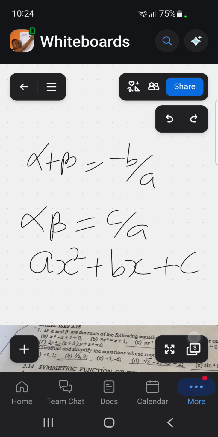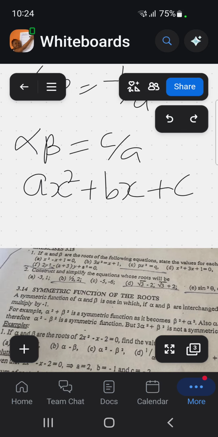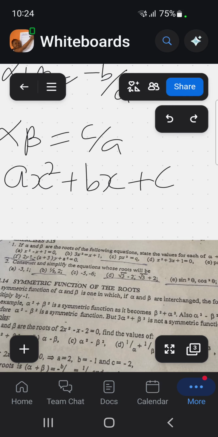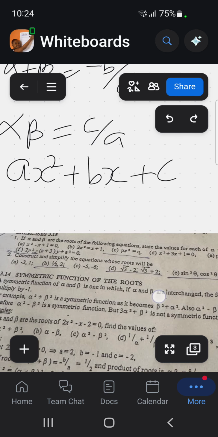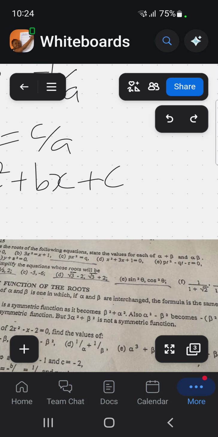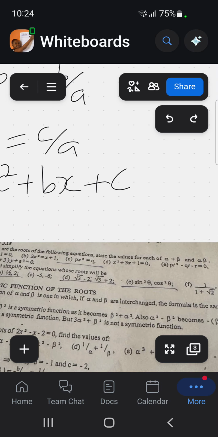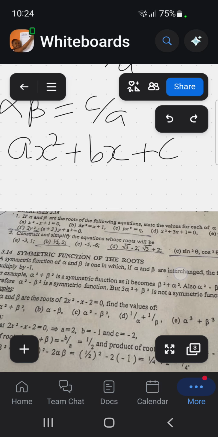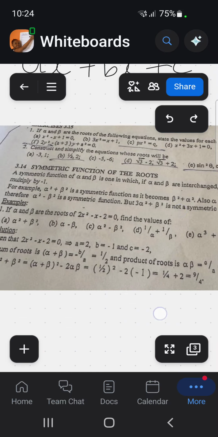Now, let's go to the questions and try to analyze them. So we'll look at the first question. We have x squared minus x plus 1. They want us to get the sum of the roots and the product of the roots, which is alpha plus beta and alpha beta. So let's write that question down: x squared minus x plus 1.